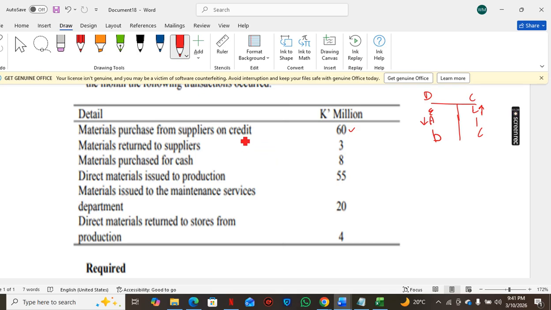Okay. Then, since we bought goods on credit from our supplier, we're owing them money. But now, since we found some of the goods are bad and we returned it to the supplier, what happens to the money that we're owing the supplier, colleagues? What happens to the money that we're owing the supplier? It reduces, sir.